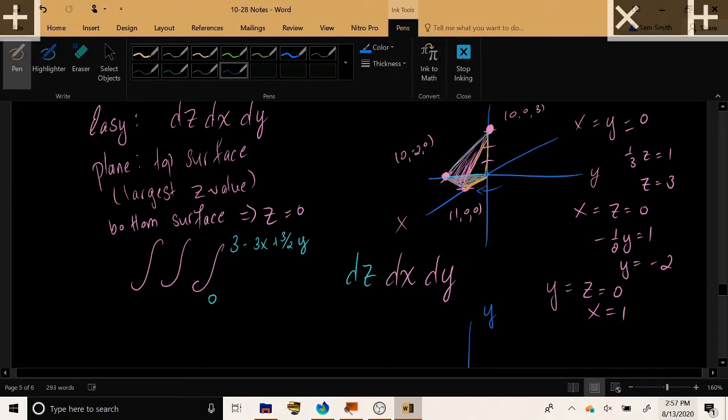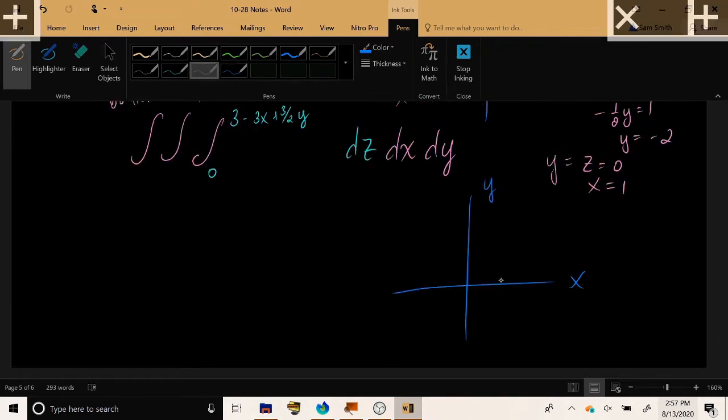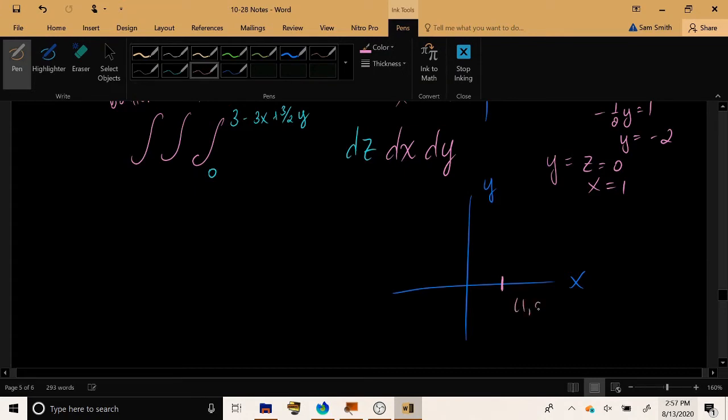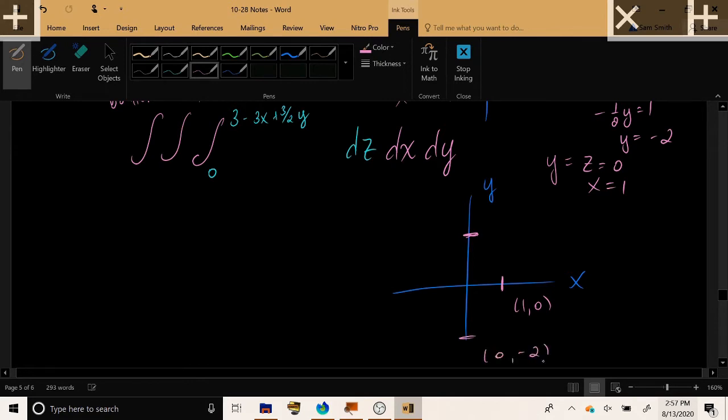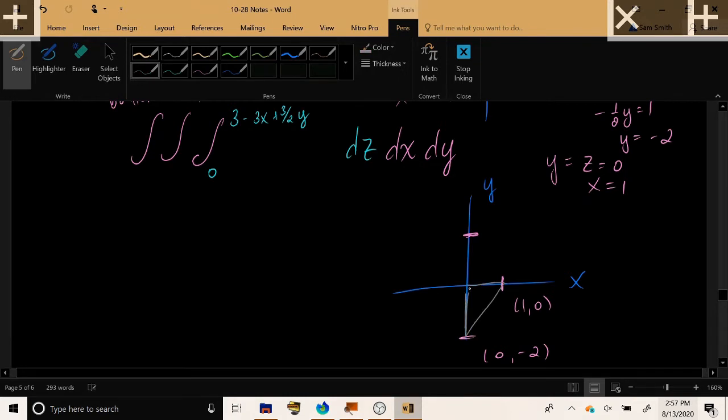So x is 1, y is 0, and here x is 0, y is negative 2. Our region goes between those points.